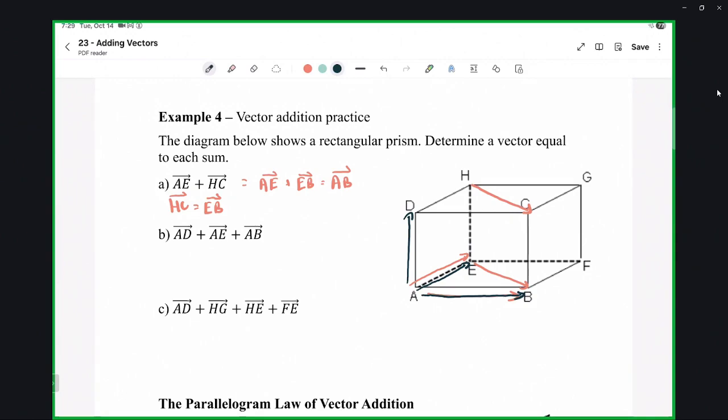And already you might be thinking of the parallelogram law, because you might be thinking, well, if I were to connect those two vectors, it seems as if I'm interested in the resolution of vector A to F and then tack on an AD, and that would be correct. So that's one way to think about this. So here, if you take vector AD, AE, and AB, it seems like we're going from one corner of the prism to another corner.